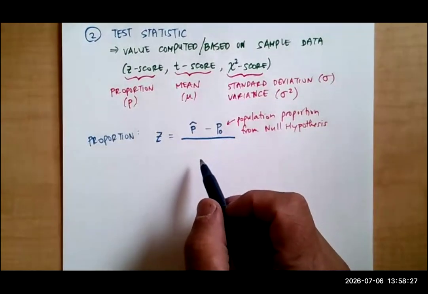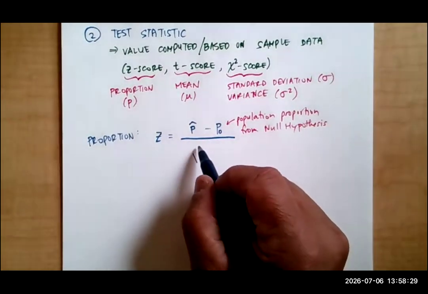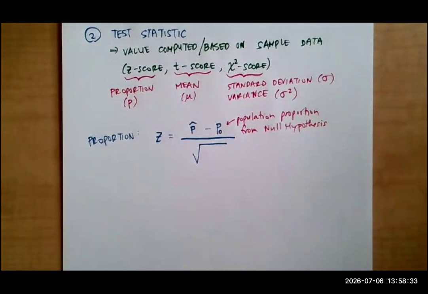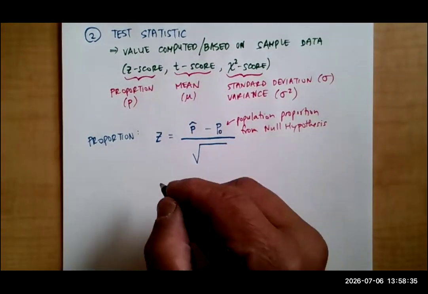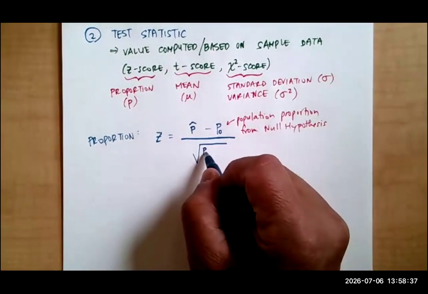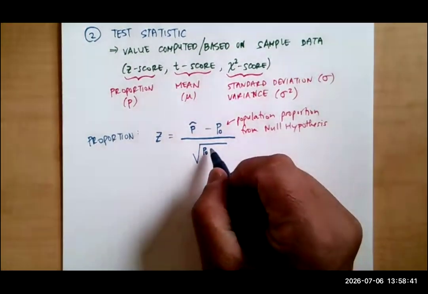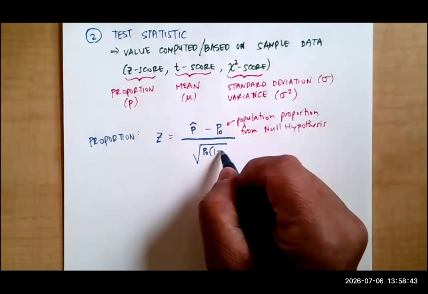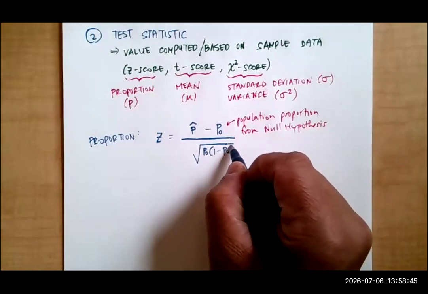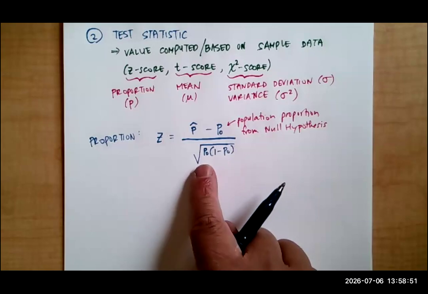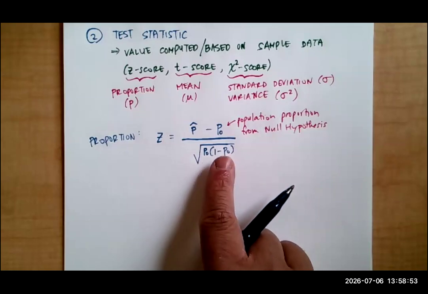And then we're going to divide by this square root, and in that square root we're going to have that same population proportion p sub 0 from the null hypothesis times its complement, 1 minus p sub 0. Sometimes in textbooks you might see that called q, the complement of your population proportion.